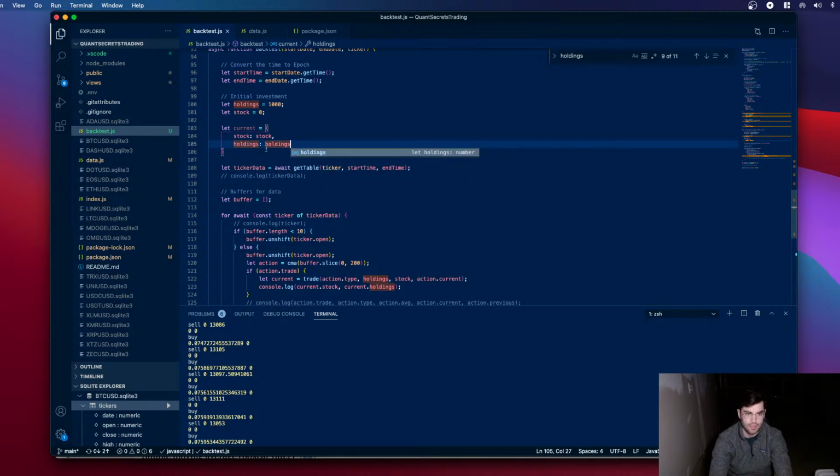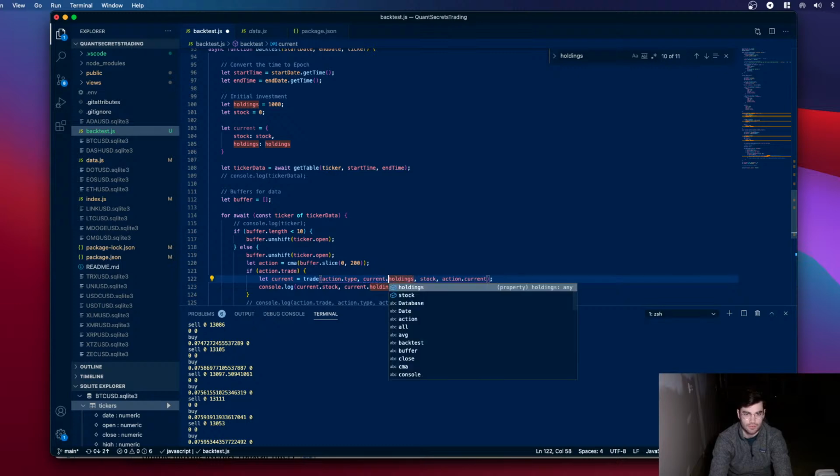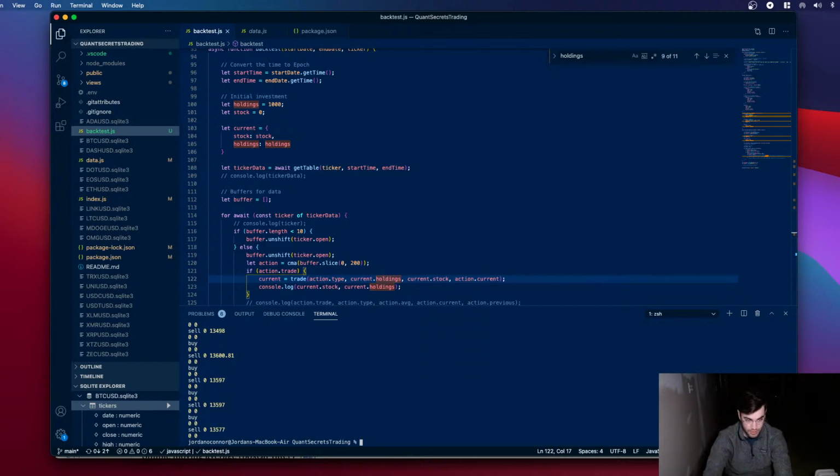There we go. And then this will be current. Holdings in current. That's stock. And then I'll update current here. There we go. What? Come on.